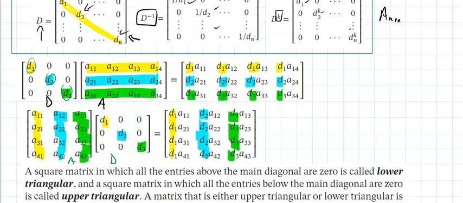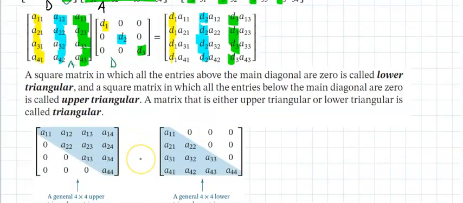Now, triangular matrices. A triangular matrix is a square matrix, so 2 by 2, 3 by 3, 4 by 4. A square matrix in which all the entries above the main diagonal are 0, we call lower triangular because all the values are on the bottom.